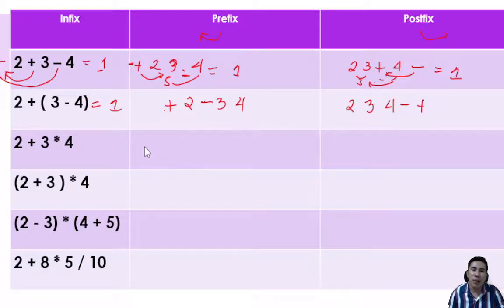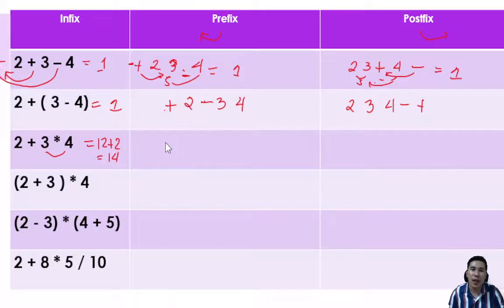Okay, next we have 2 plus 3 times 4. This one is an expression with mixed operators. Following the PEMDAS rule, the multiplication should be evaluated first, 4 times 3, which is 12, plus 2 is 14. Let's convert this into prefix.